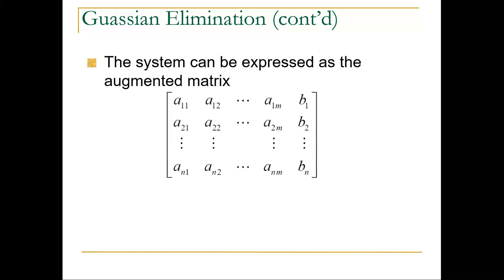So this is a way you can express a system to a computer. It's just a set of constants. But in your mind, you know it's some linear equations. Alright? Now what Gaussian elimination does is the exact same thing you would have done if you were doing algebra.